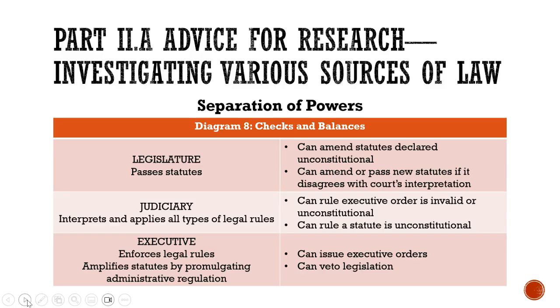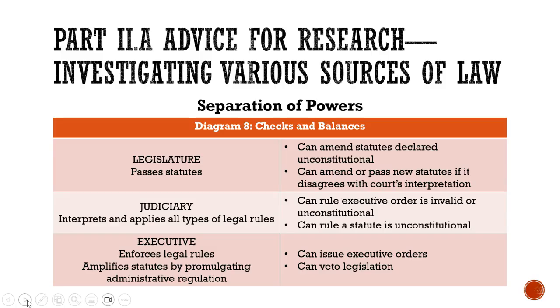What the legislature does is amend statutes when they're declared unconstitutional by courts. They can amend or pass new statutes if they disagree with the court's interpretation. And there are plenty of examples of that. And then the judiciary, that's where we get the interpretation and application of all types of legal rules.